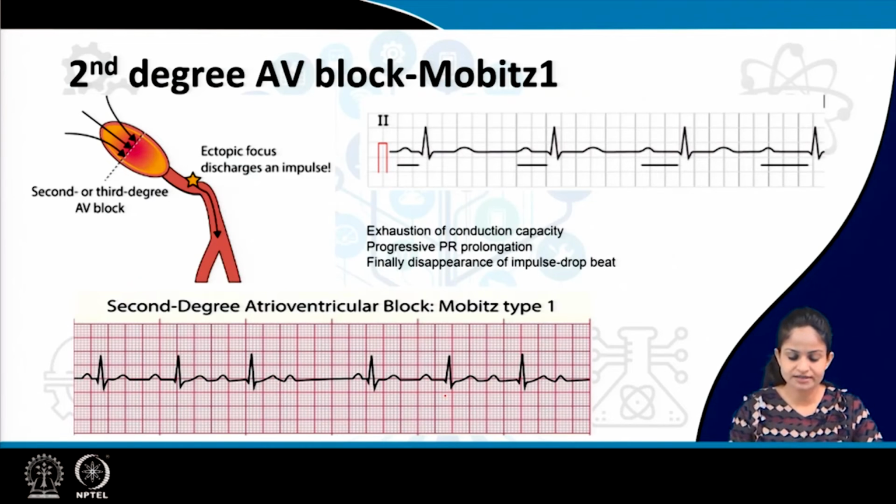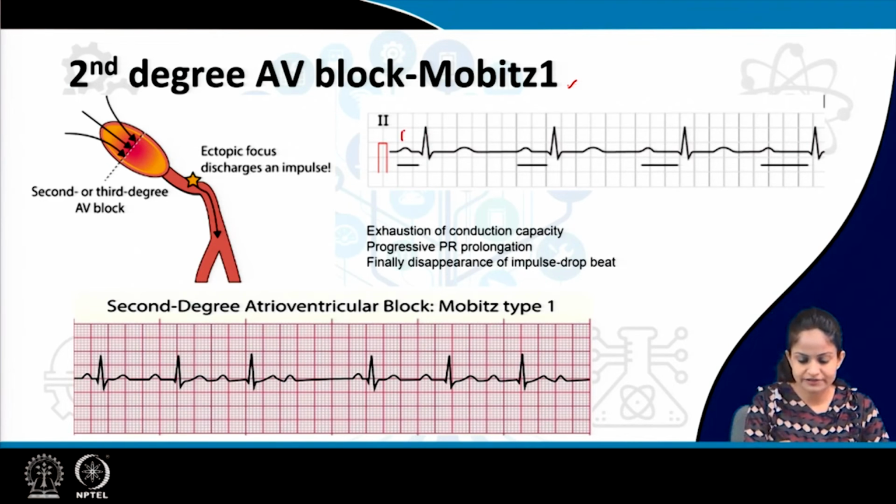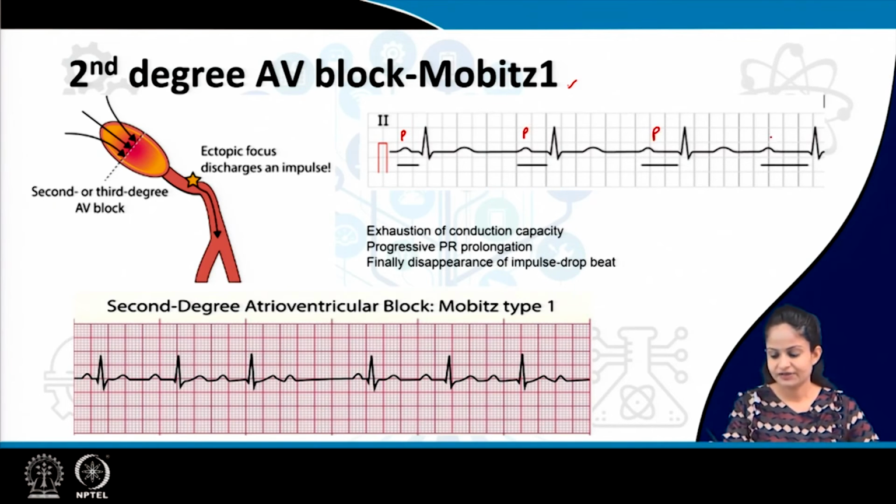The second degree AV block is the Mobitz 1 block, where all the P waves are not conducted, all the sinus impulses are not conducted to the ventricles, and so what happens, we lose the QRS complexes, we only have the P wave. So, we have type 1 and type 2. In type 1 there is a gradual prolongation of the delay of the PR interval. Here this is the P wave, this is the P wave, this is the P wave, and here we have the P wave, but quite prolonged PR interval.